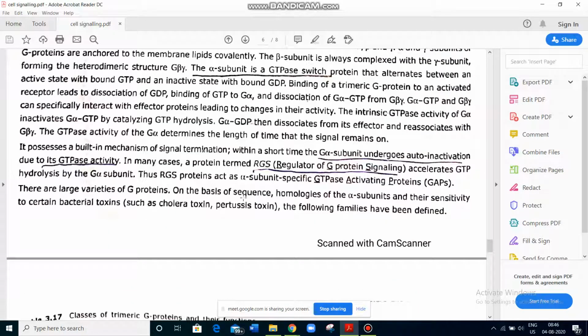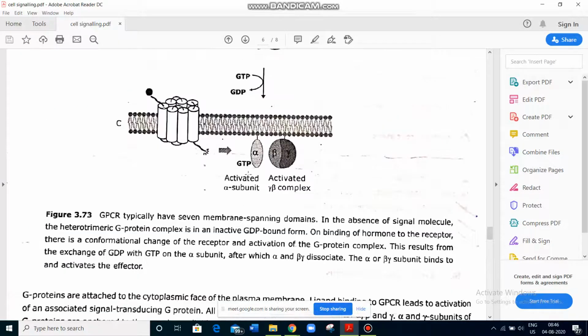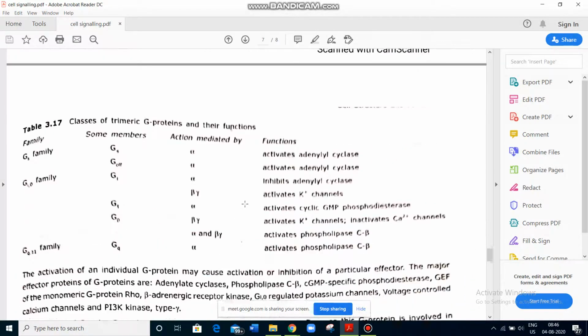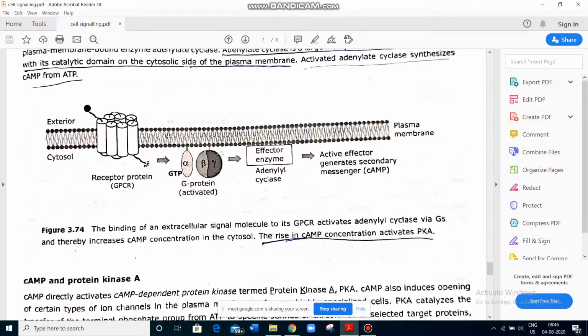The next process is that the signal molecule is attached, as we have previously discussed, and the G protein coupled receptor is activated. The GTPase activities will be enhanced, and this will produce more GTP after binding of the signal molecule with the G protein coupled receptor.